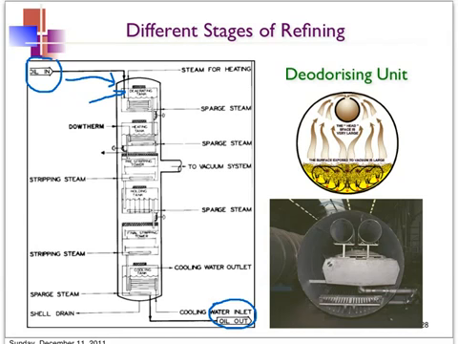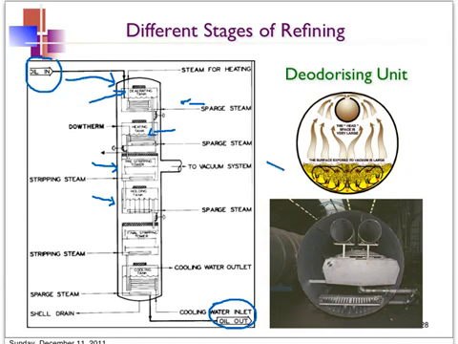process. Then we have the heating tank here, and the steam is being dispatched inside, and the stripping of the free fatty acid and other volatiles will take place when the oil flows through the column in the deodorizer.